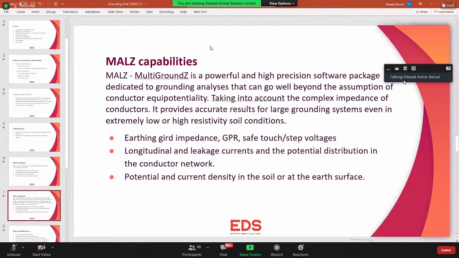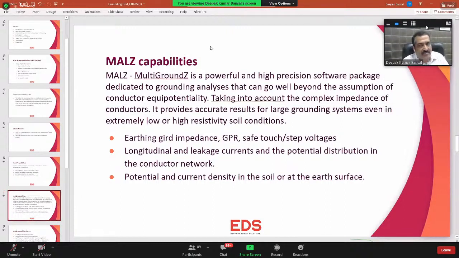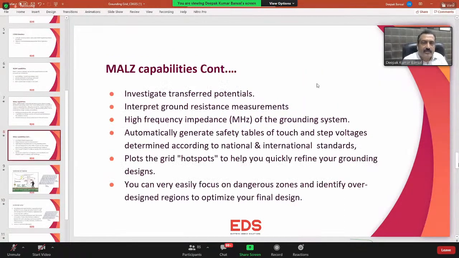So with MOLZ, we can calculate earthing grid impedance, GPR (ground potential rise), safe touch and step voltages, longitudinal and leakage currents, and the potential distribution in the conductor network, which is sometimes very important. Also potential and current density in soil or at the earth surface. Apart from this, it can investigate transfer potentials.